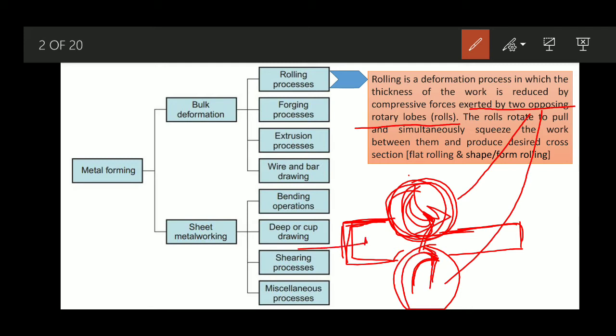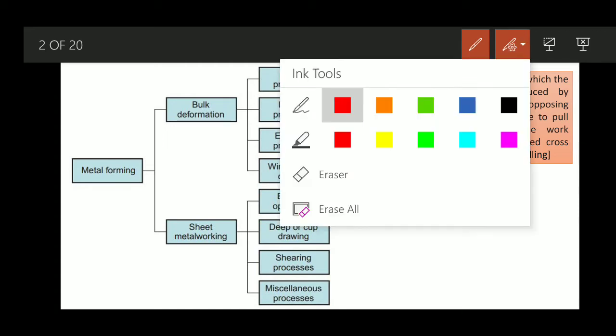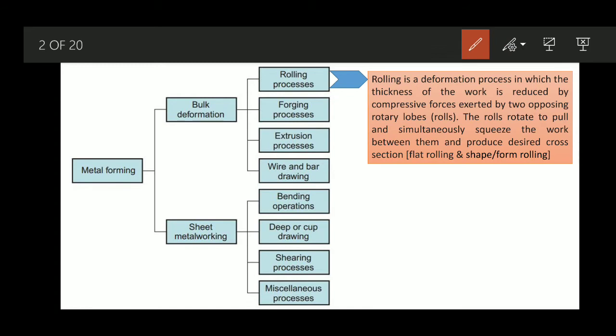These two rolls rotate to pull the work, and simultaneously they squeeze the work between them, producing the desired cross-sectional area. This rolling process we can categorize into two different forms.